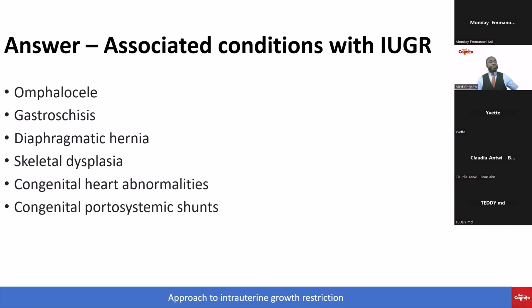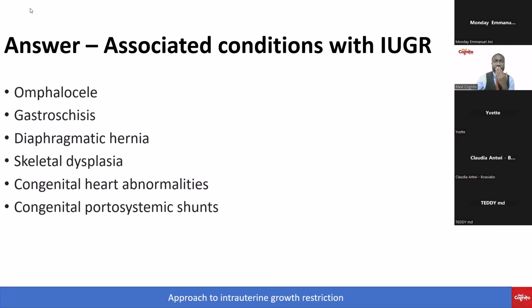Are they also these associated conditions, or the abnormalities that are associated with this can be associated with IUGR as well? So these can be risk factors for IUGR, and then these can also be considered as associations with IUGR. So in other words, when you have a baby with IUGR, what are you also likely to see in the baby? Right? Yeah.